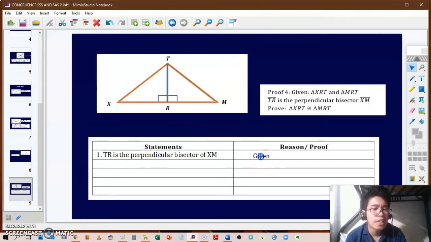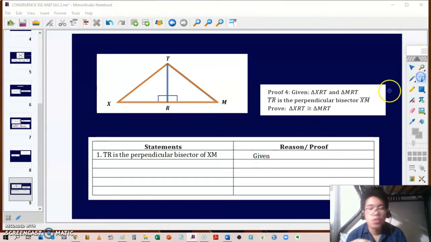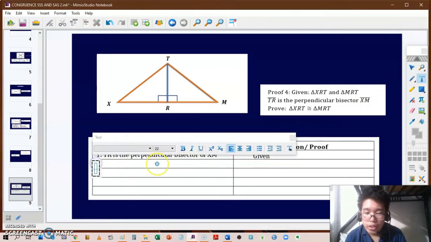And number two, let's just try to clean this up. So guys, what do you think is the second statement? We can try to write that here. For our second statement, we can say that since TR is the perpendicular bisector of XM, what does a perpendicular bisector do? It's a bisector, so it creates two congruent segments.